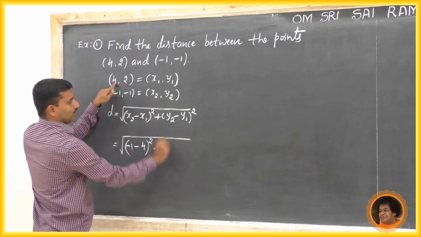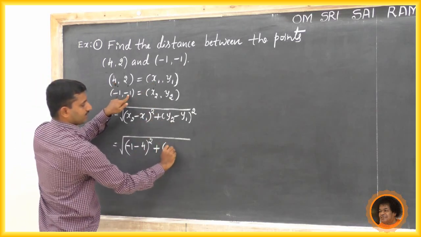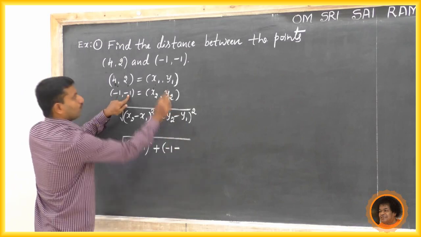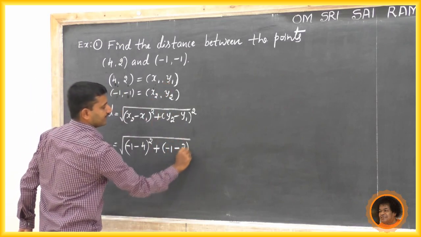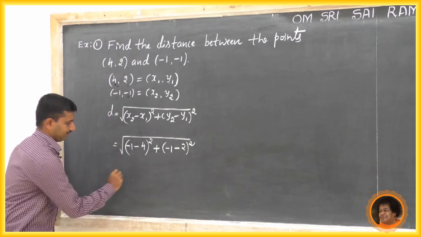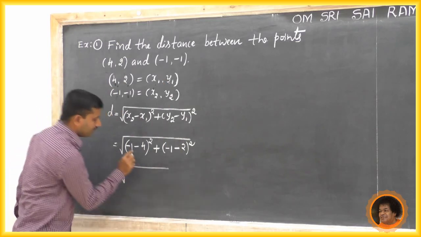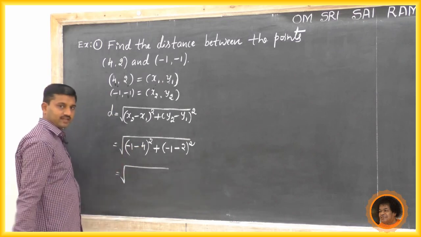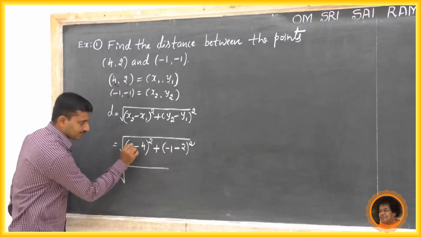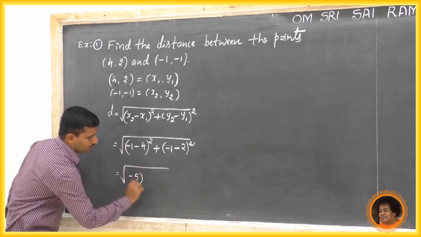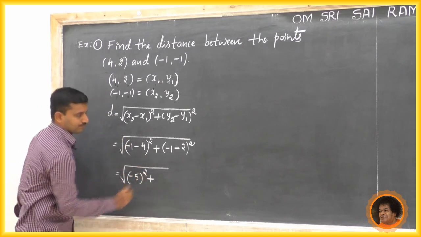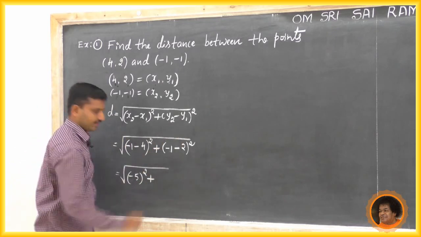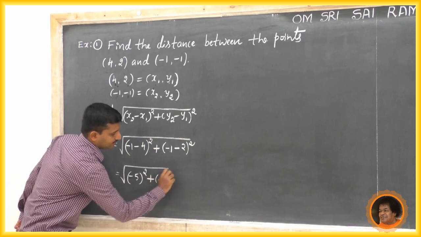Plus y2, which is minus 1, sign minus, y1 is 2, their square. Now simplify: the square root of (minus 1 minus 4), both integers having minus sign, so that is minus 5 whole square, plus (minus 1 minus 2), that is minus 3 whole square.